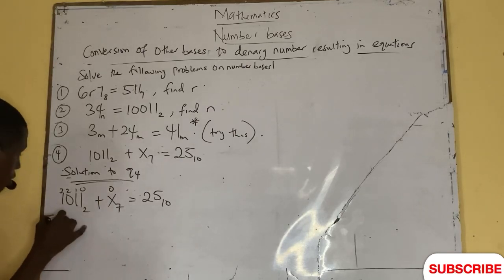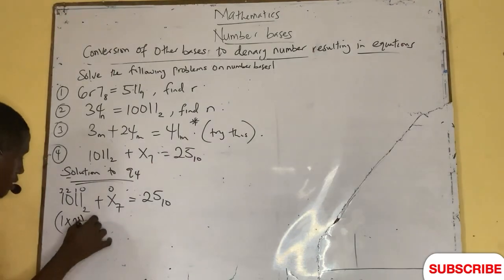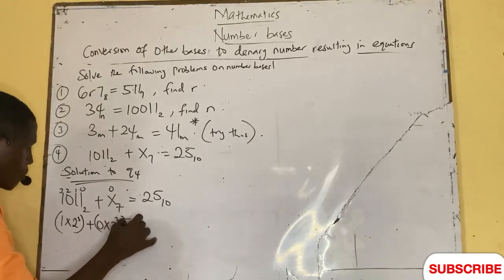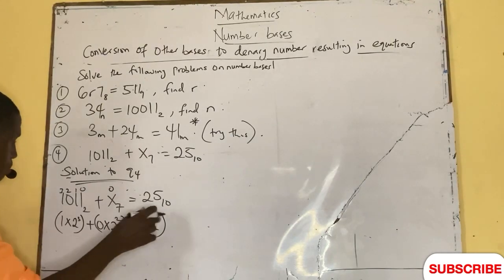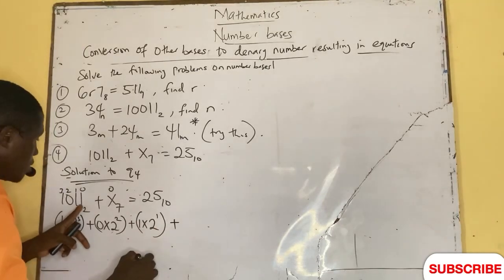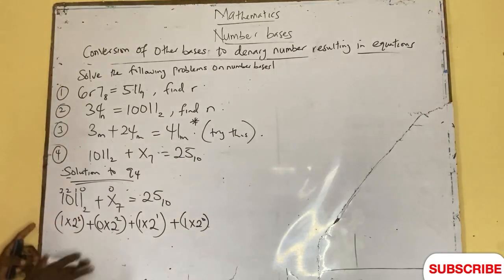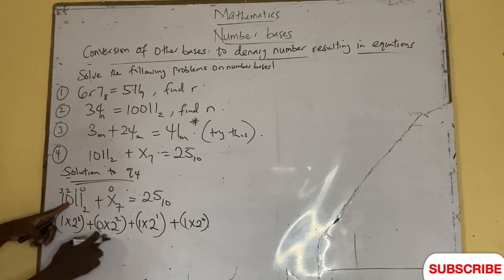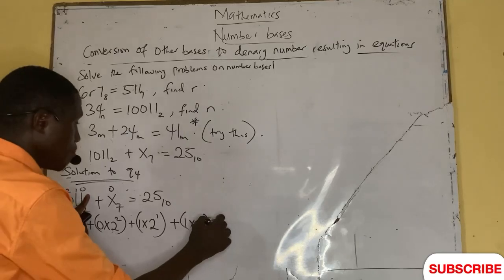So we have 1 times 2 raised to power 3, bracket close, plus 0 times 2 raised to power 2, plus 1 times 2 raised to power 1, plus 1 times 2 raised to power 0. So 1 times 2 raised to power 3, 0 times 2 raised to power 2, 1 times 2 raised to power 1, 1 times 2 raised to power 0, then plus.